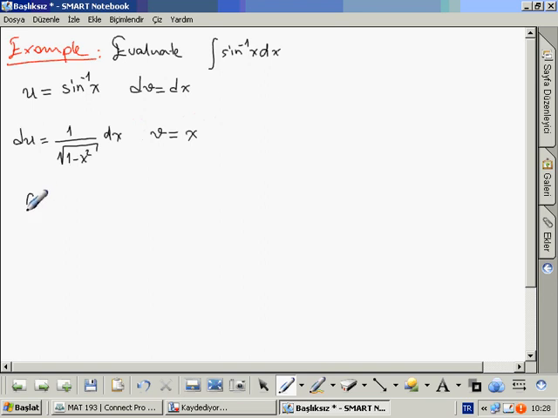and the integral of inverse or arc sin x dx equals u times v, x times arc sin x, minus integral v times du, which is dx over square root of 1 minus x squared, and after that what will we do?